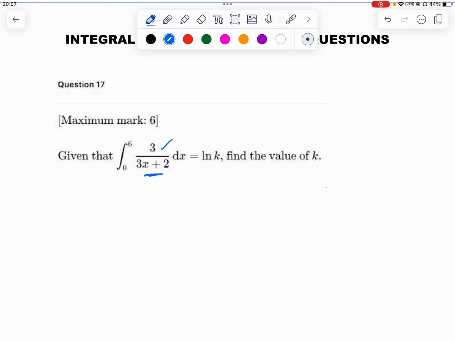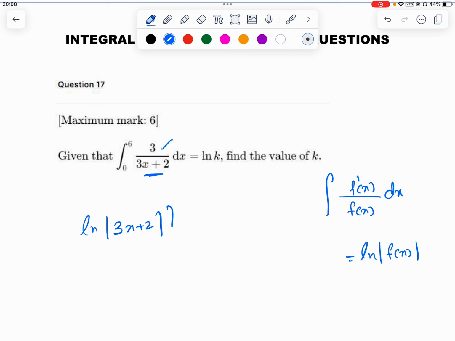So we have a formula. Any function in the denominator, whose derivative is there in the numerator, the formula is ln of the denominator, ln f of x. You can do it by substitution, but this is the best method. So ln of 3x plus 2, then the limits are 0 to 6, equals ln k.